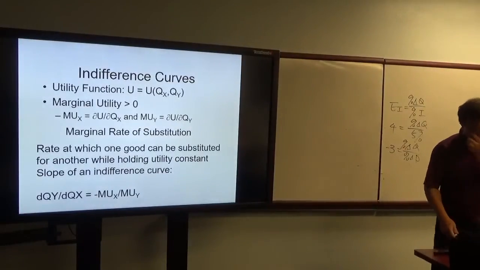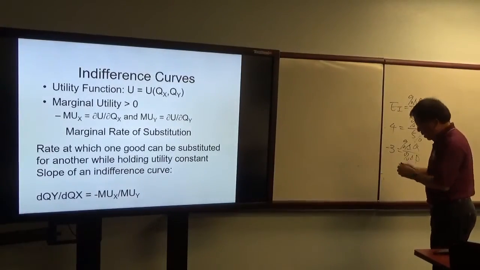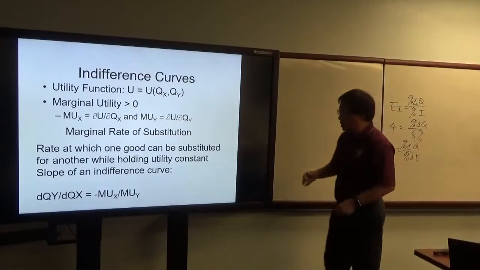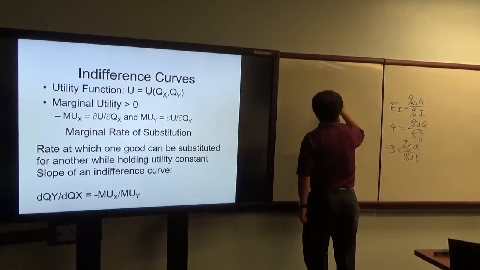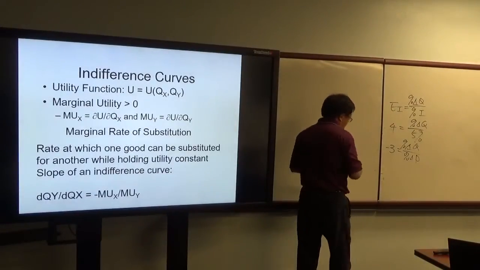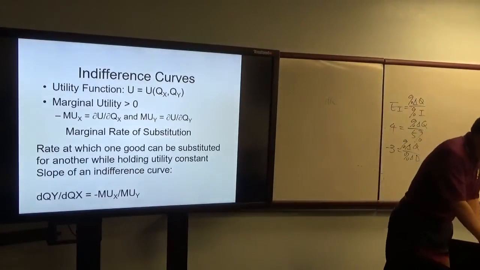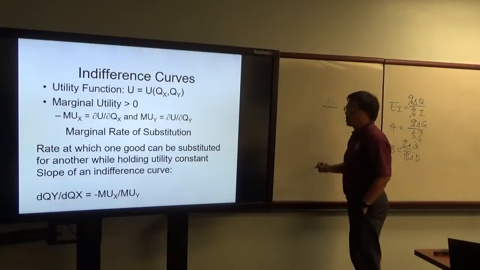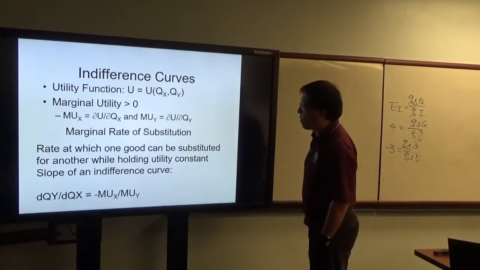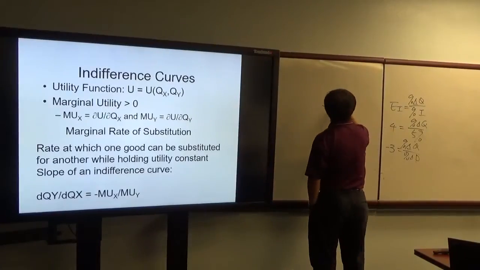So mathematically, you can tell here the slope, dqy over dqx. We have two products.